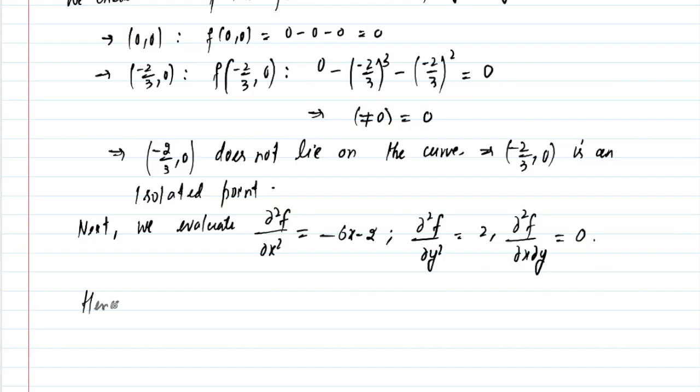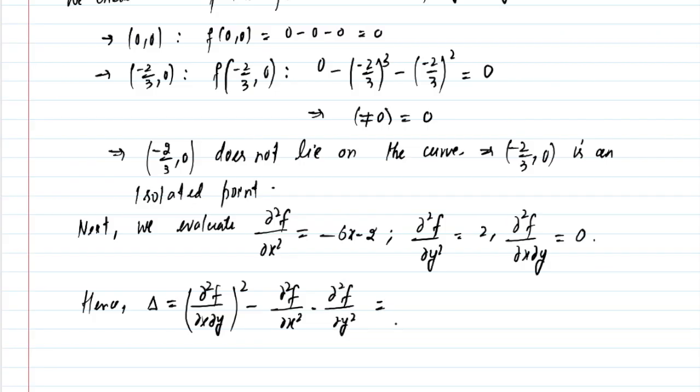Hence our quantity that was defined as delta, which is del square f by del x del y whole square minus del square f by del x square into del square f by del y square, is equal to 0 minus minus 6x minus 2 into 2.